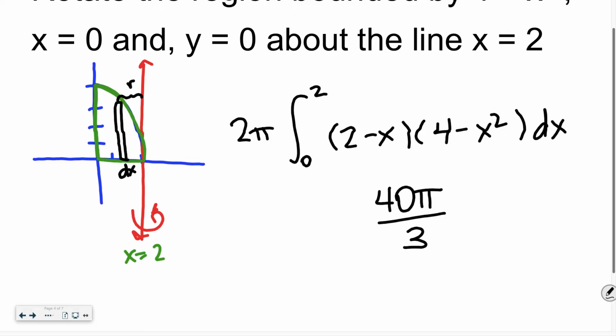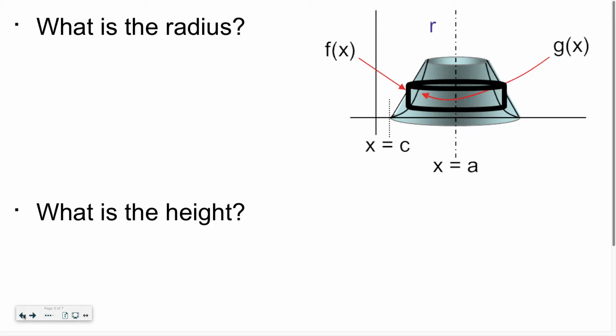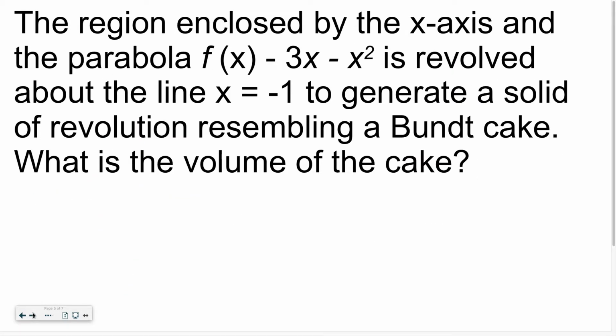Qualify. All right. Let's talk about what happens when our axis of rotation is on the other side of the y-axis. So here's my example for that. Here it is. Okay, so here's really our bundt cake example. And this is kind of what we are going to do next Wednesday.